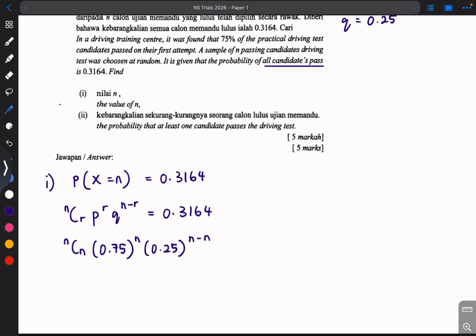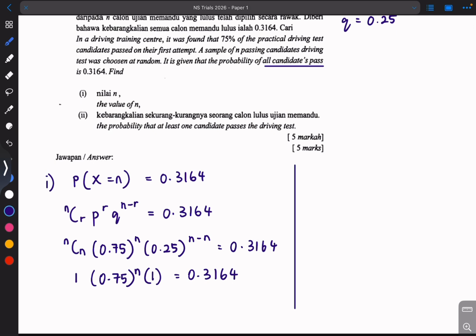So nCn would be 1, 0.75 power n. n minus n is 0, so 0.25 power 0 would also be 1. Equals 0.3164. So the 1 and 1 we don't have to write. It's basically 0.75 power n is 0.3164.